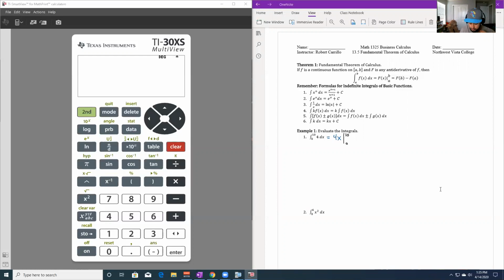It's always top limit minus bottom limit. So this becomes 4 times 10 minus 4 times 0, which means that the integral from 0 to 10 of 4 dx is 40.